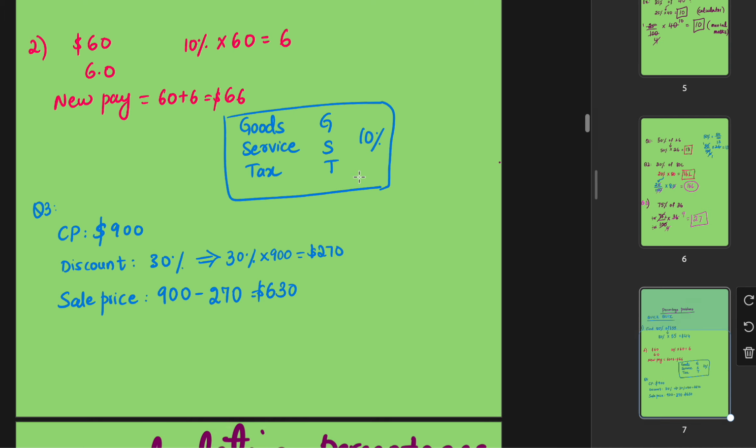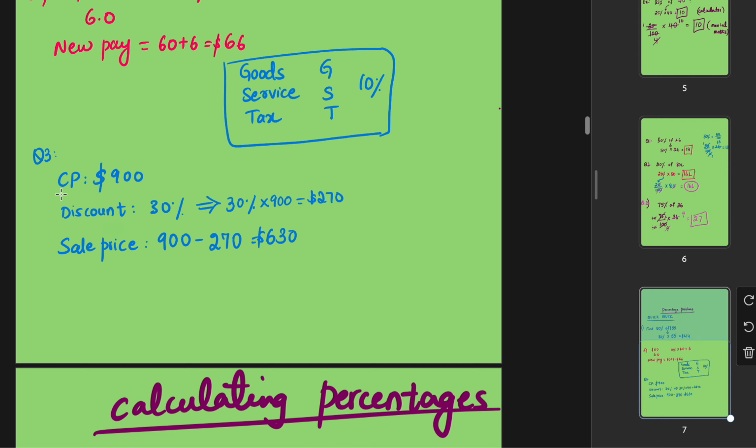My apologies. CP here. Okay, another common application that we see every day. Let's say the cost price of a television set is $900. I don't know, let's just assume a random example. And it is discounted by 30%.